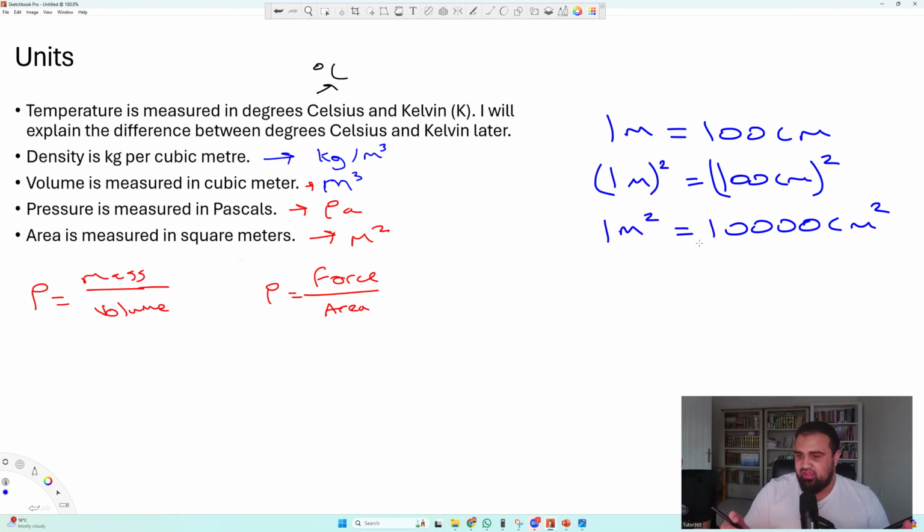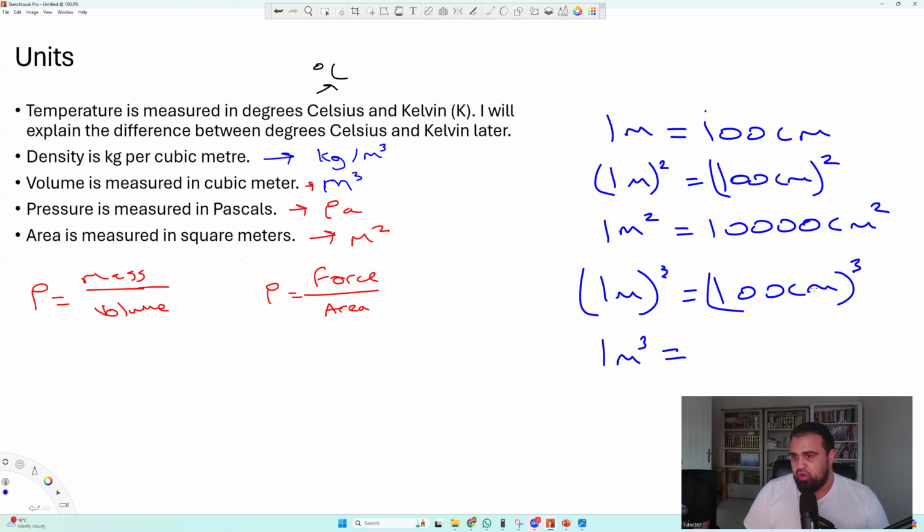Okay. All right. So 1 meter cubed. Of course, if you cube this, you're just going to get 1 meter cubed, because 1 cubed is still 1. But if you do 100 centimeters cubed, well, 100 cubed is 1,000,000.